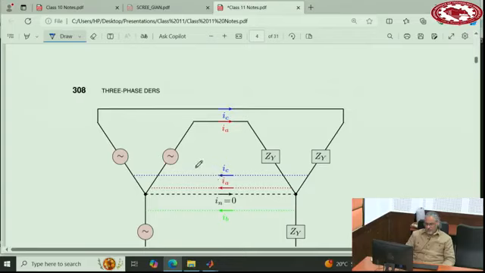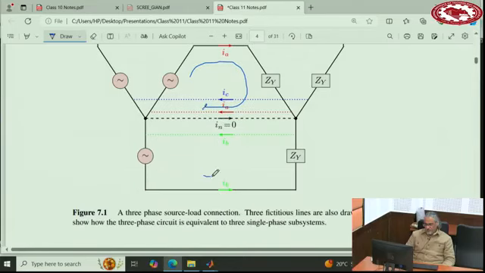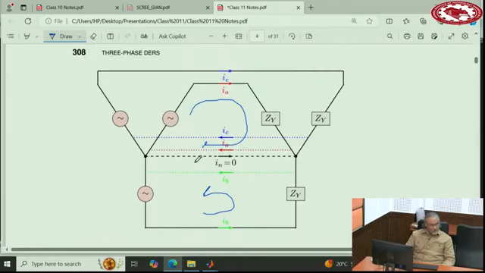So you have now three circuits, one here, I_A, and then you have B here, running here, and also C. And because I_A plus I_B plus I_C is 0, you haven't done anything.